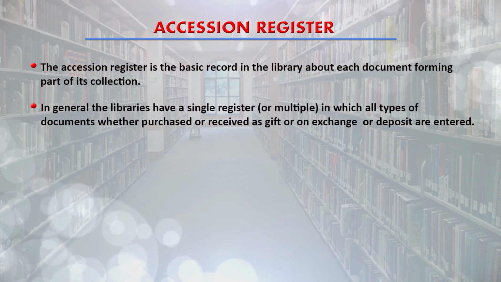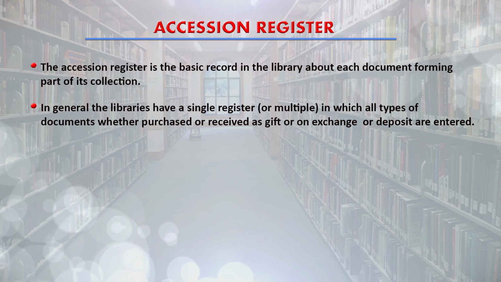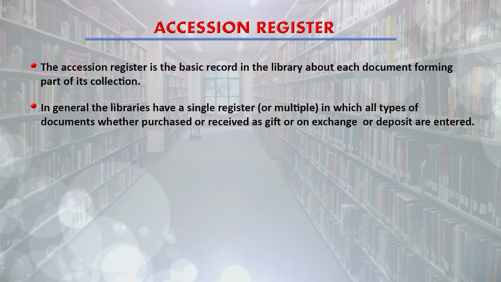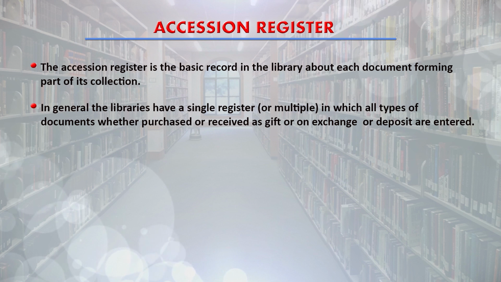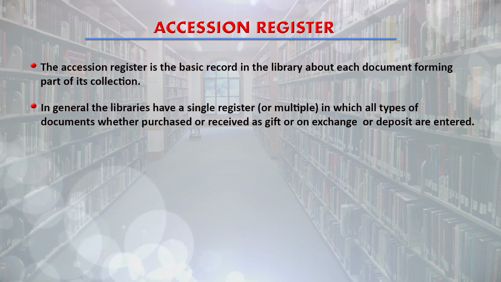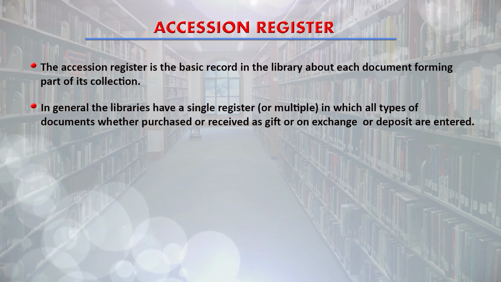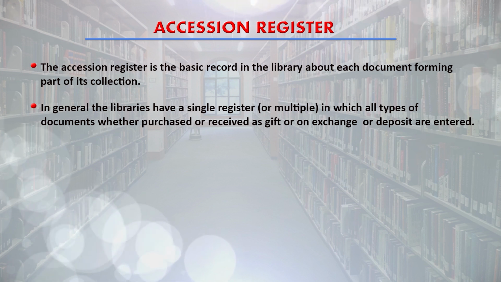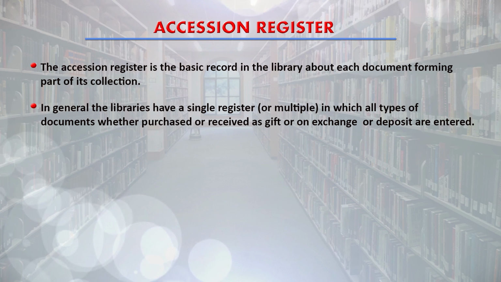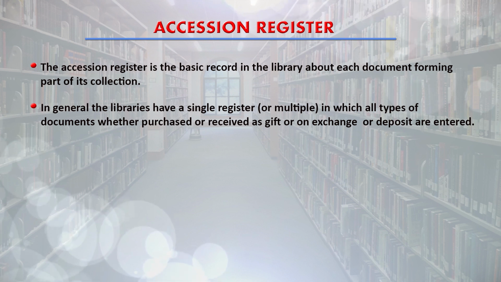In general, a library has one register or maybe multiple registers for multiple types of document. Here types means sometimes we purchase documents, sometimes we get something as a gift, sometimes we receive something in exchange, or somebody deposits. So there are several things.